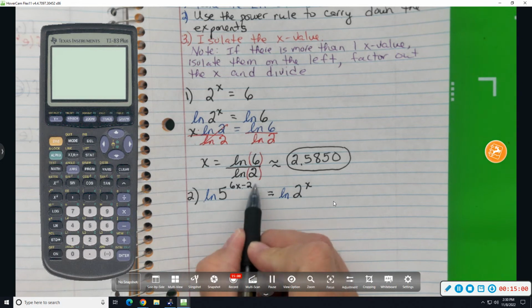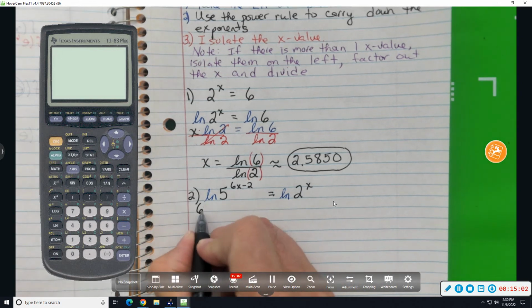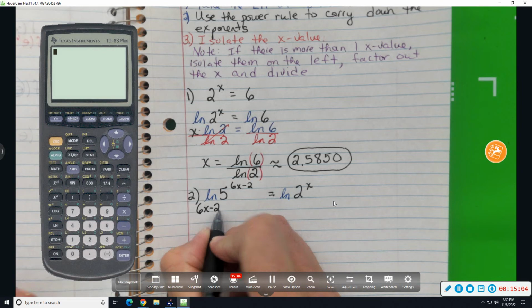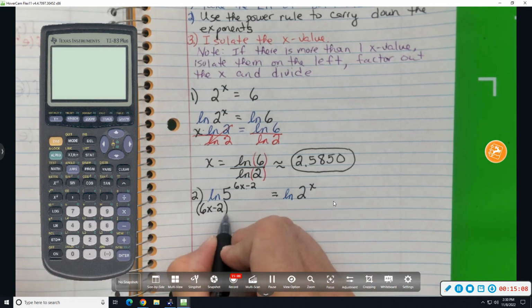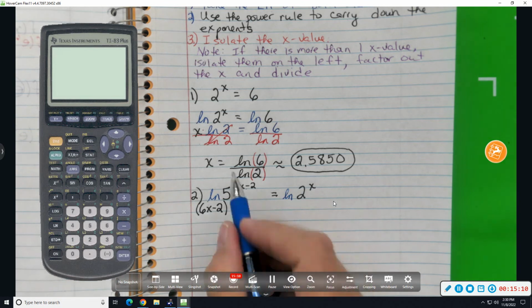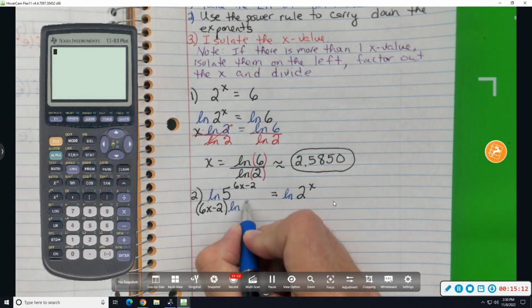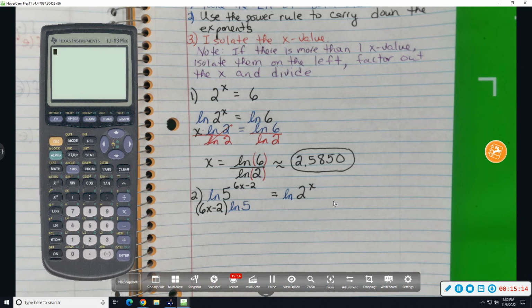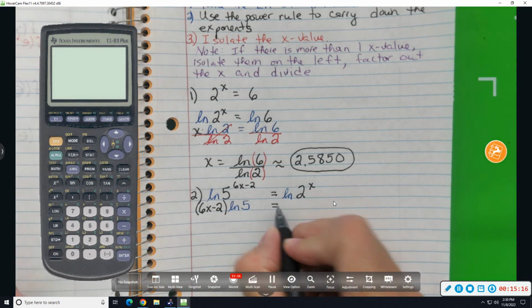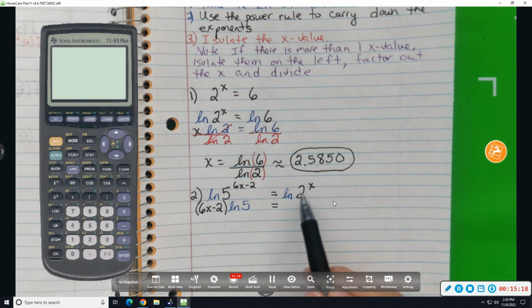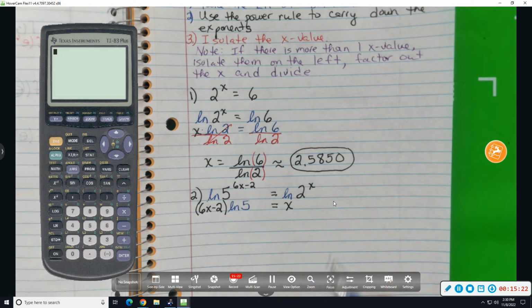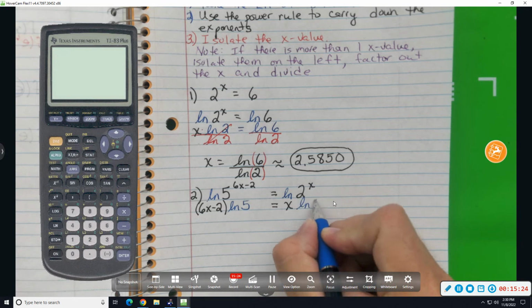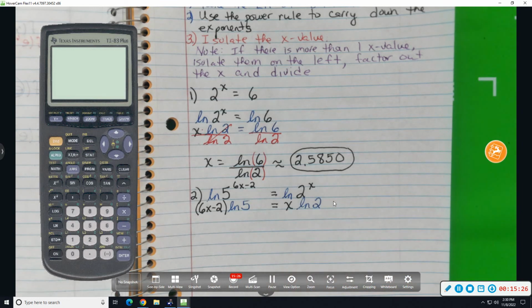So you carry down the 6x minus 2, and I'm going to put it in parentheses, keeping it all together there, and then ln 5 equals, just carry down the x, ln 2. This is going to be some messy manipulation, unlike problem 1.